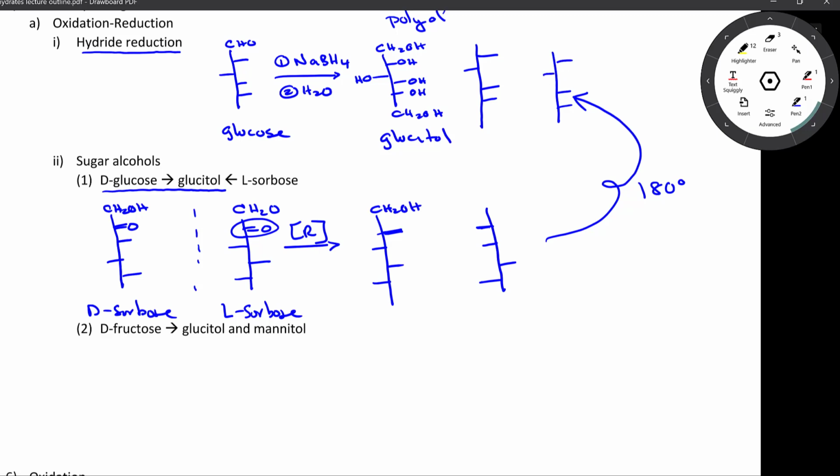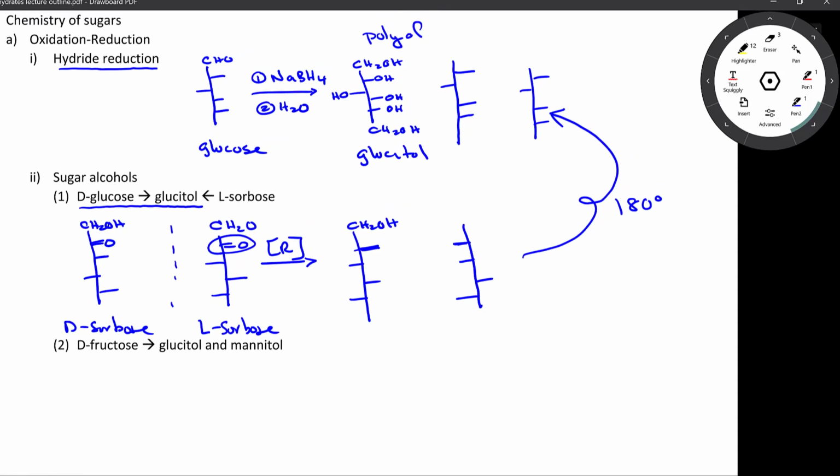So it turns out when we have these sugar alcohols, is what we call them, polyols, there's a lot of ways to get them from known sugar structures. So glucose can give us glucitol, sorbose can give us glucitol, and that's in fact what we call sorbitol. So there's two names for glucitol, and one of them is glucose and one's sorbitol.